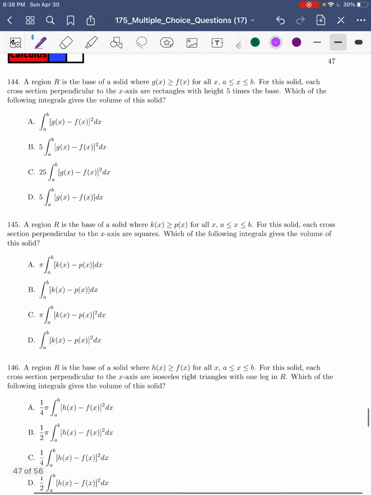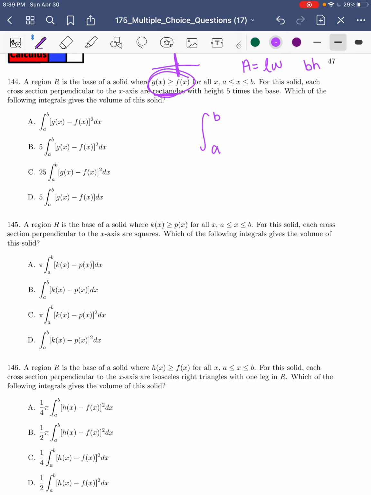Alright, finally we don't have to solve these anymore, we're just setting them up. So the cross-sections perpendicular to the x-axis are rectangles. So here I should be thinking area equals length times width, or base times height, whatever. They tell us that our bounds are from A to B. And then it's perpendicular to the x-axis, so if you think about it, it's going to be top minus bottom.